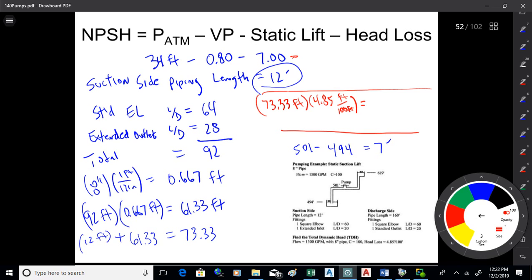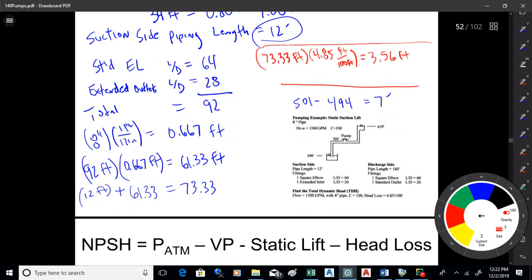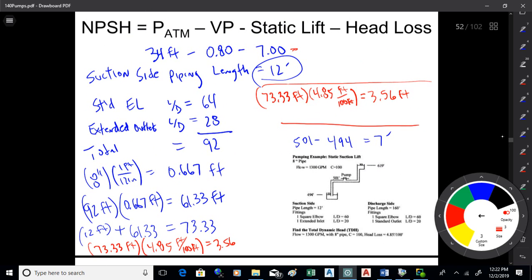It's 3.56. So that's 3.56, okay? So that's the head loss.